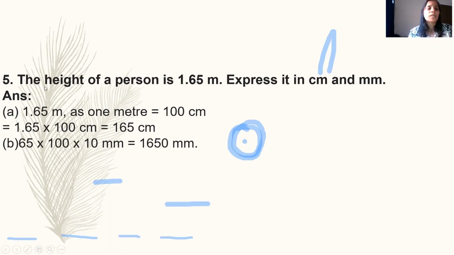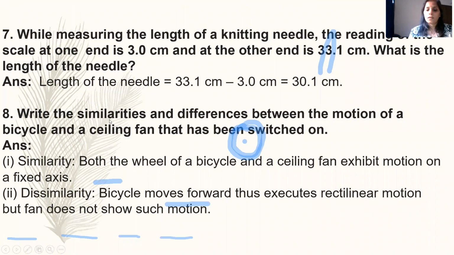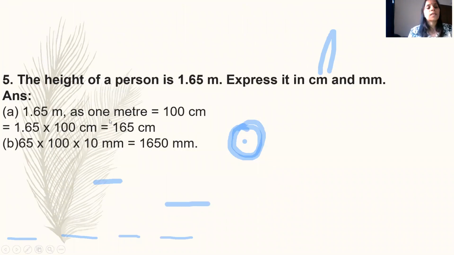How can we do? The height of the person is given as 1.65 meter. And what we have to do? We have to express it in centimeter as well as in millimeter.